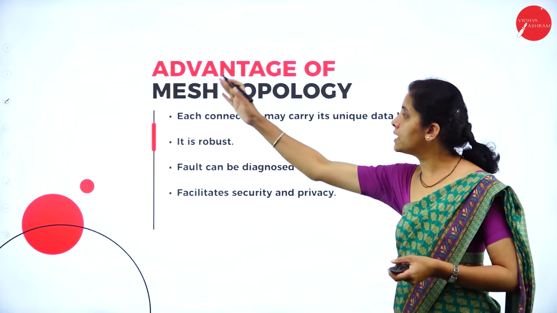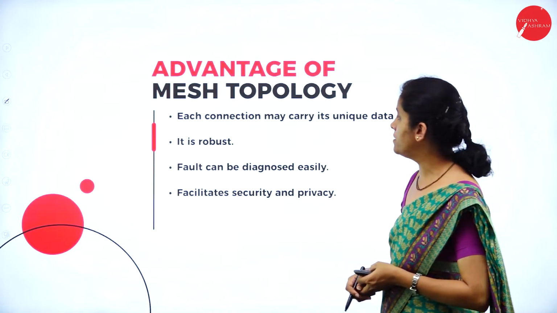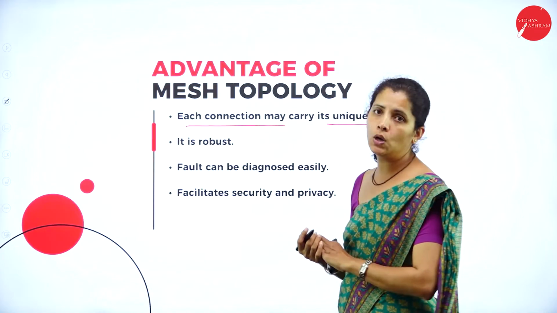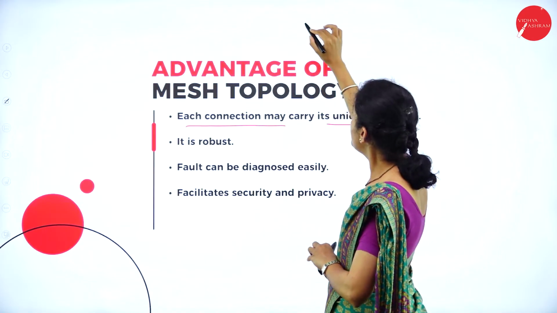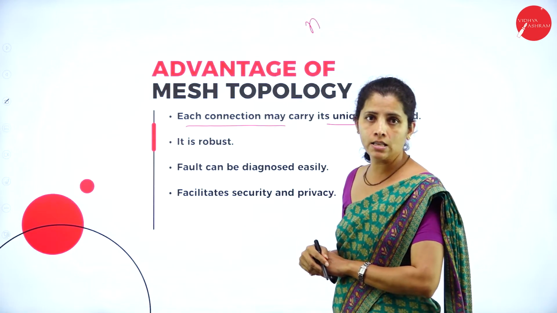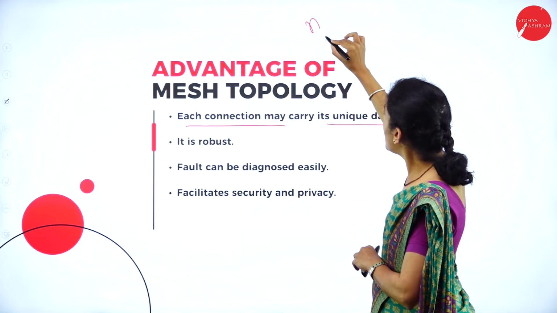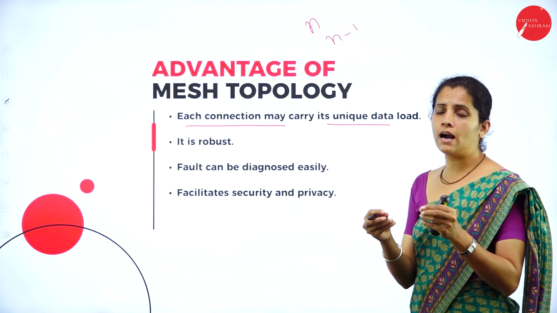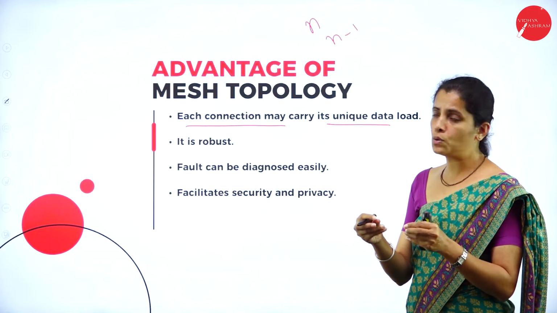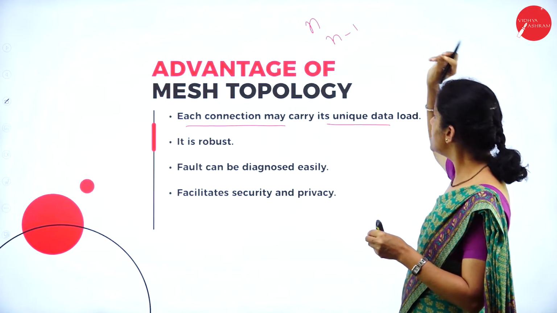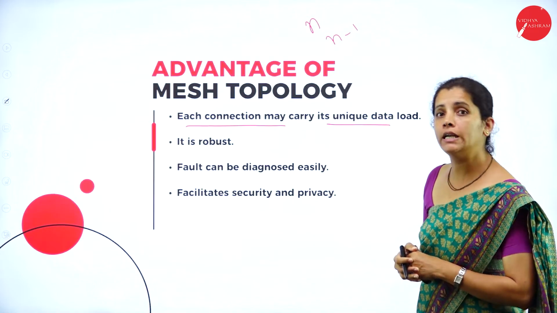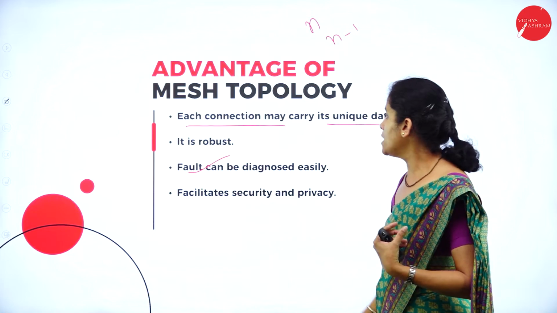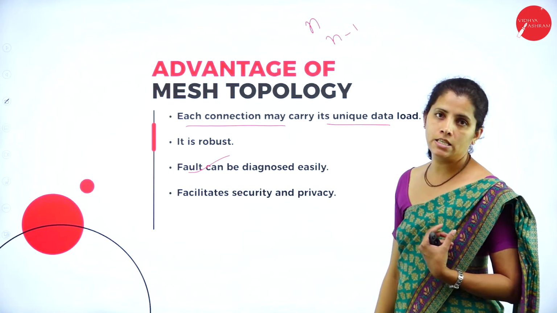At the beginning, let me consider the advantages here. Each connection may carry its own data load. For example, if I have n devices and from each device I have n minus 1 cable connections, each device is capable of having n minus 1 unique data loads, and it is robust, faults can be diagnosed easily.